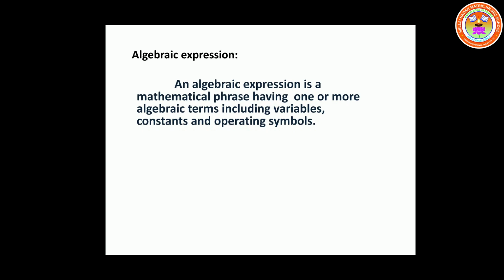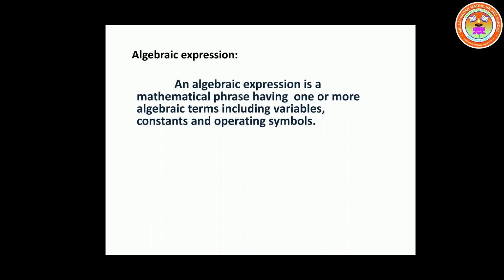So now we are going to algebra. Algebraic expression. So what is an algebraic expression? An algebraic expression is a mathematical phrase having one or more algebraic terms, including variables, constants and operating symbols. Just now we learned what are variables and constants. Here operating symbols means plus, minus, multiplication and division.